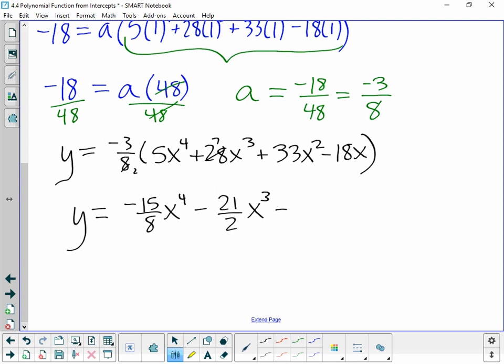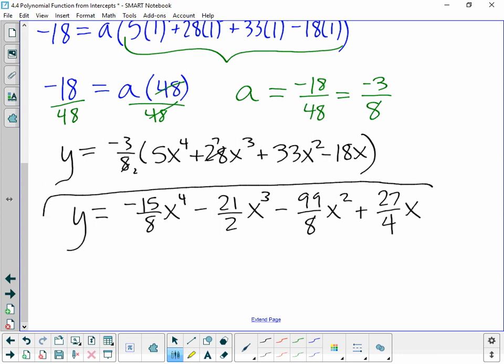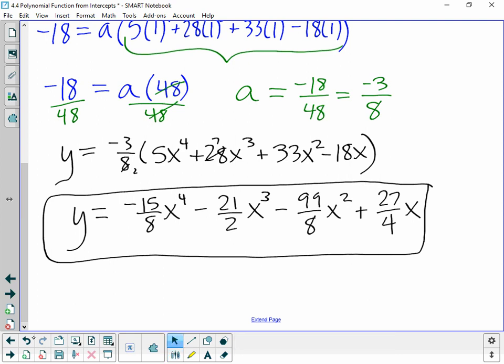This one is going to be negative 99 over 8. That one didn't reduce at all. And then finally, this last one's going to be positive 27 over 4x. So here is the function. Now that is a very, very challenging one. It's definitely more challenging than just having to adapt to a y-intercept.